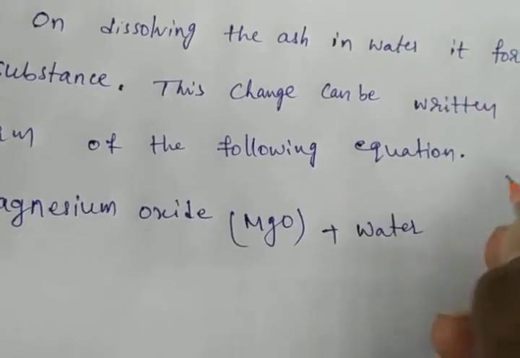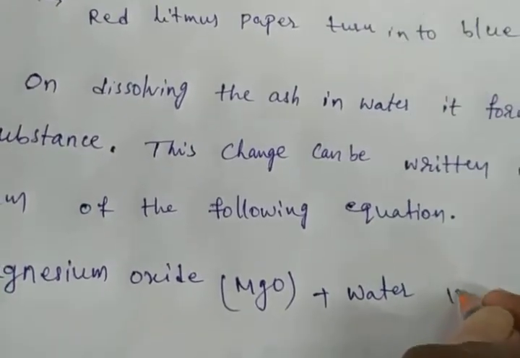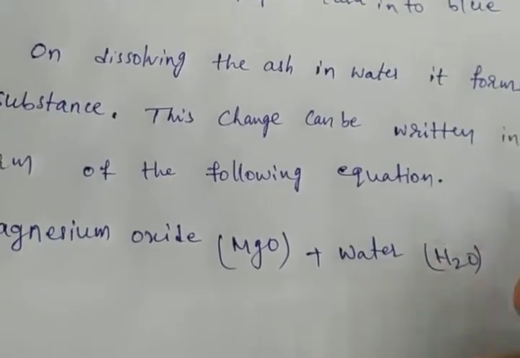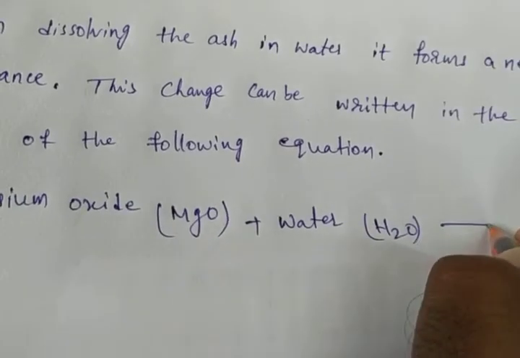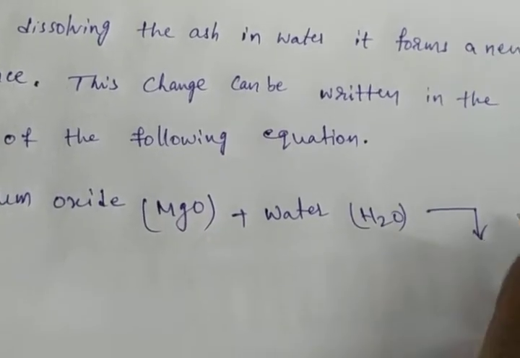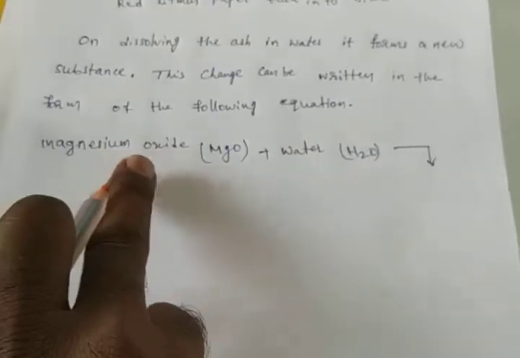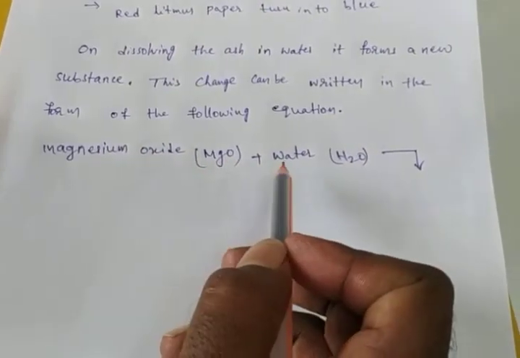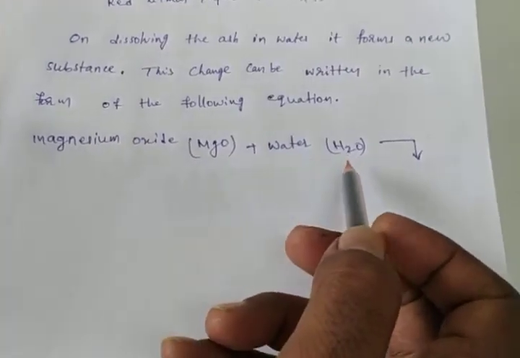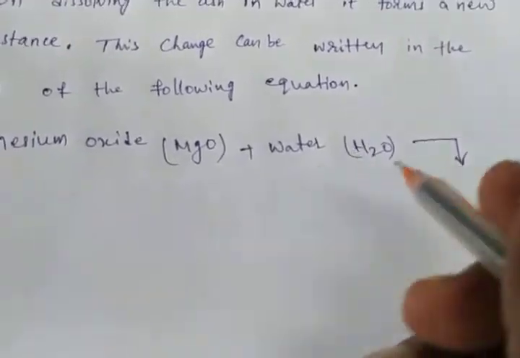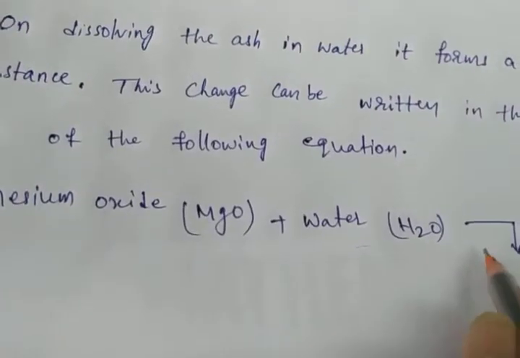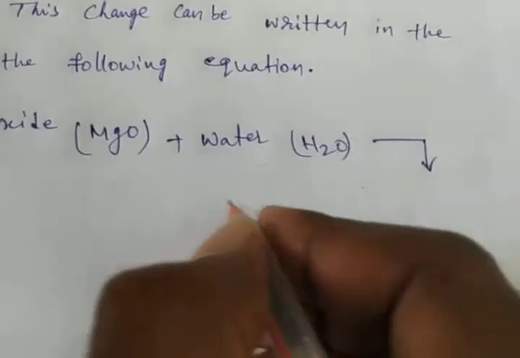Magnesium oxide plus water, formula H2O, gives rise to... Here magnesium oxide, we are mixing with a small amount of water and stirring. After that, what happens? It will form magnesium hydroxide.